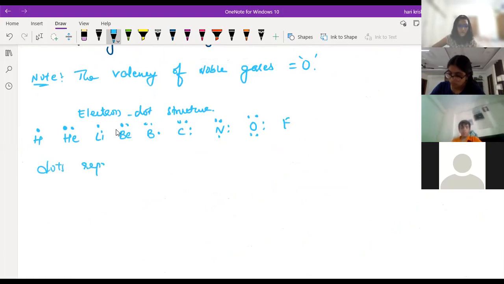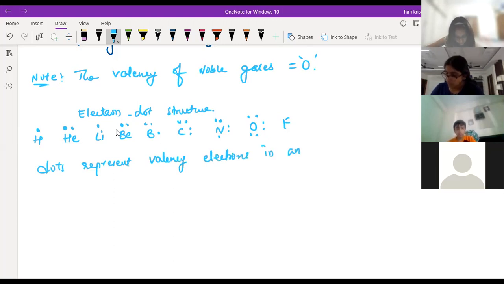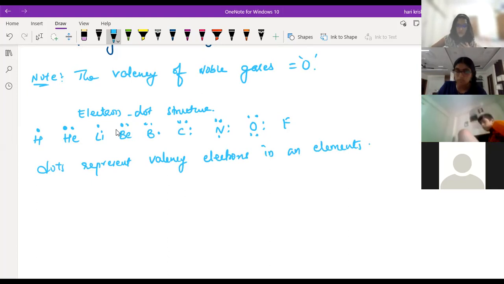Dots represent valency electrons in an element. So how many dots are there around the element? The same number of valency electrons will be there.